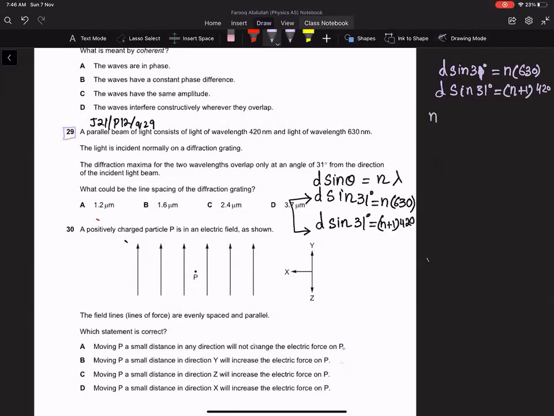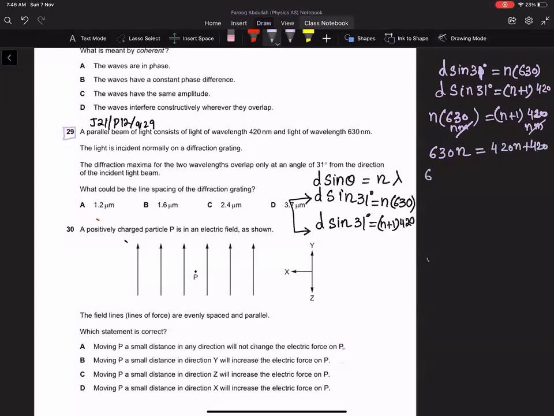Now we can say that n times 630 nanometer is equal to n plus 1 times 420 nanometer. Obviously, nanometer will be cancelled out. That's why we have not converted. It will become 630n is equal to 420n plus 420.